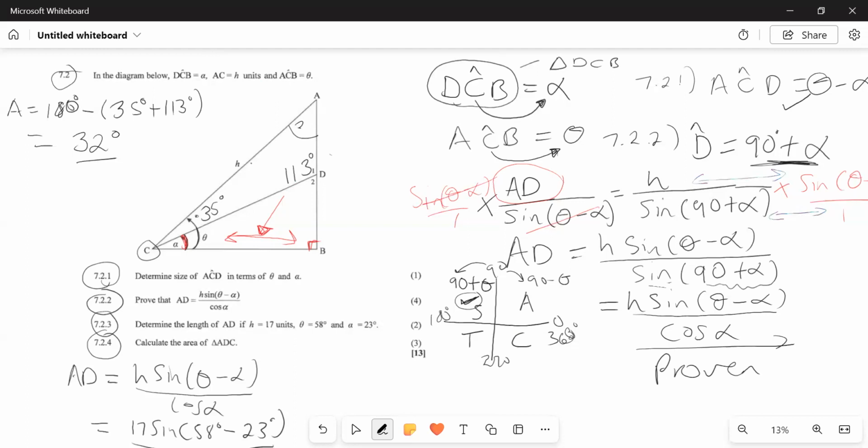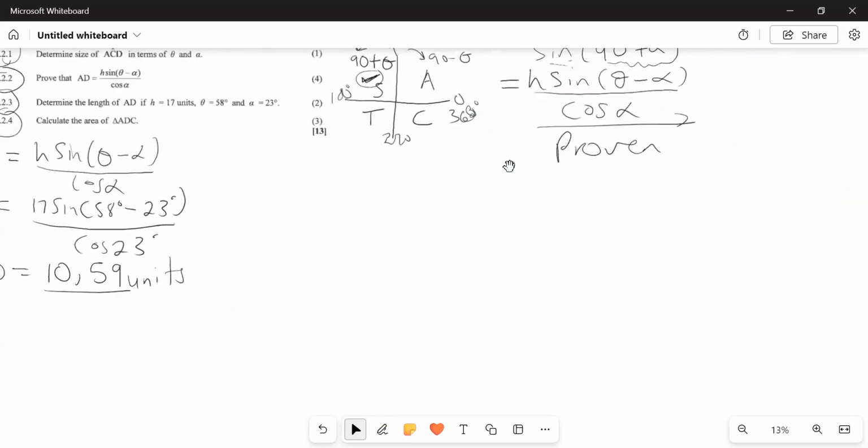So meaning our A is 32 degrees. At least now we have our angle A. It gave us H as equal to 17. We got AD as 10,59. So we have two sides and an included angle, right? Now we can use the area rule because we met the conditions of the area rule.